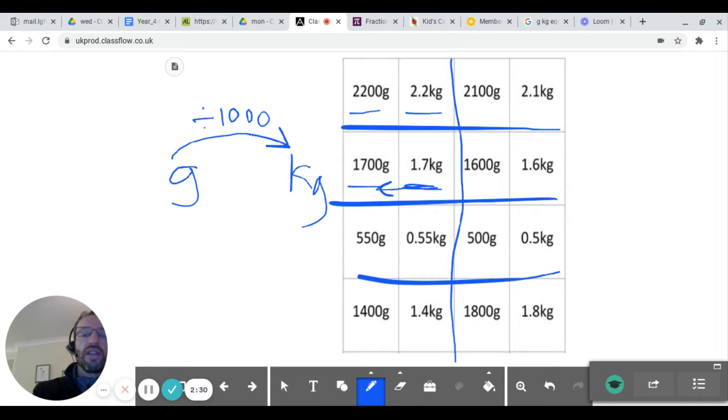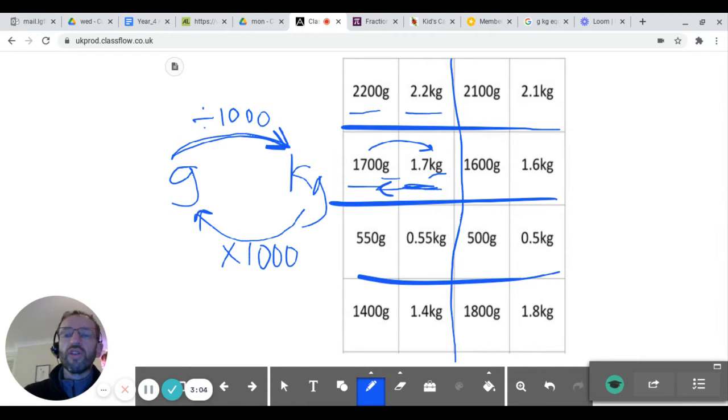Can you see what it is? It's the multiplication. It's getting bigger, and it's getting 1,000 times bigger. So if somebody told me what the kilograms were and I wanted to convert it into grams, I would multiply it by 1,000. So you're either multiplying by 1,000 to change kilograms into grams, or you're dividing by 1,000 if you want to change grams into kilograms, which is why I've got my arrow going in this direction here.